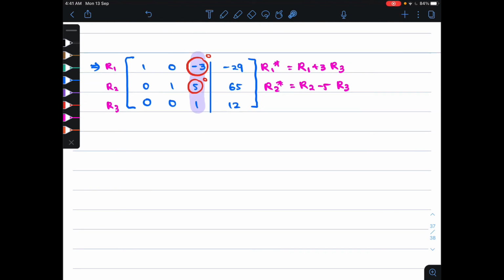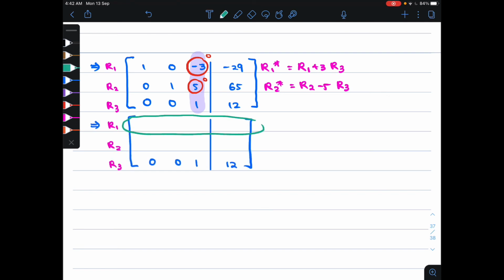Let's copy down R3 first. Let's find the new R1. For the new R1, we need R1 and R3 only. So jangan tengok lagi R2.